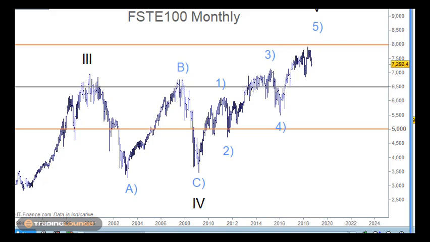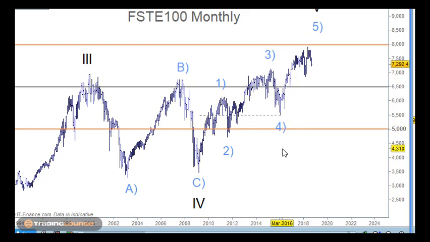The problem with this count too is that this is what's happened in Australia too. The wave 4 here has overlapped the top of wave 1 here. So really, that's breaking, there's only 3 Elliott rules, and it's certainly breaking one of them, with wave 4 cannot move into the price territory of wave 1 here. So I kind of wonder about this a little bit.